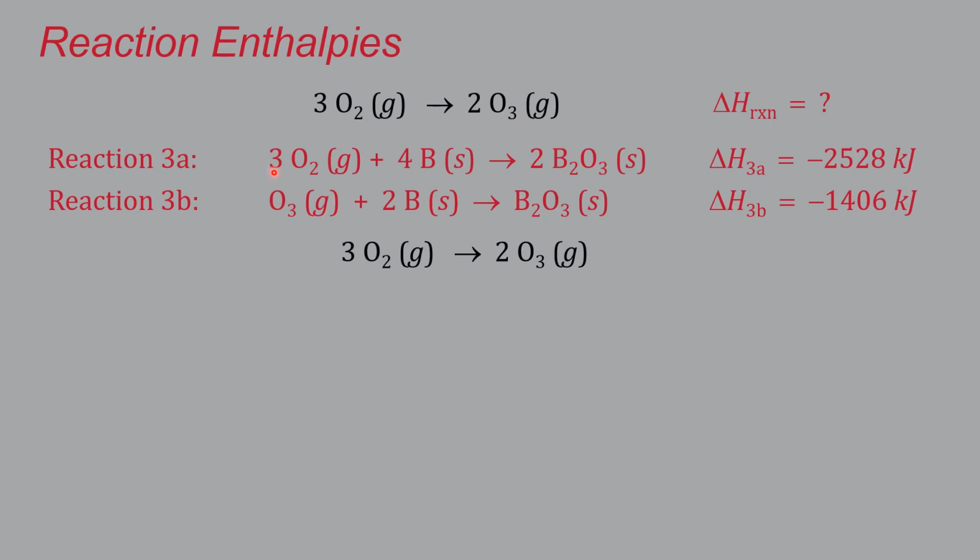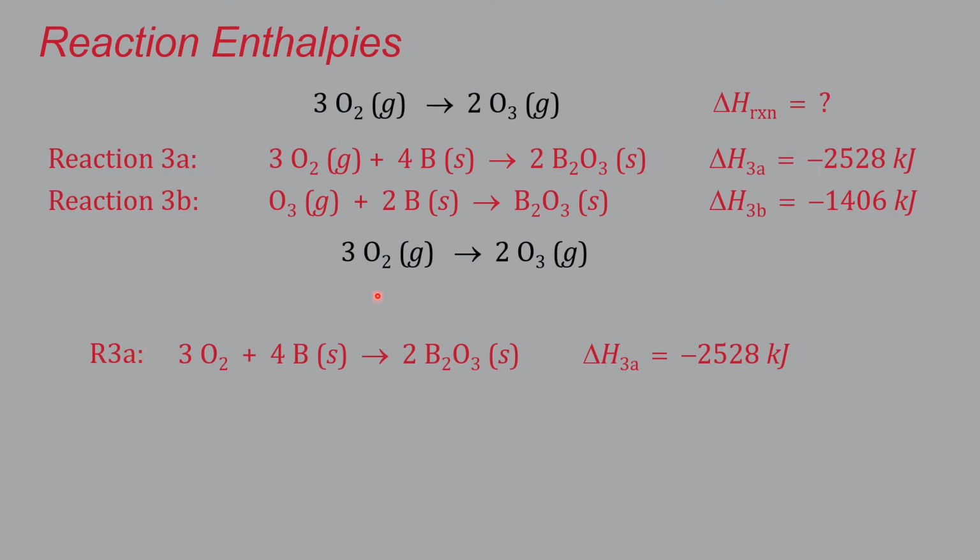This reaction has 3 moles of oxygen as a reactant. So maybe you just leave that one as it is. So 3O2 plus 4 borons gives us 2 B2O3. Since I did nothing to this reaction, the enthalpy change is the same. It's negative 2528. And since I didn't change this, I'm just going to still call this reaction 3A.